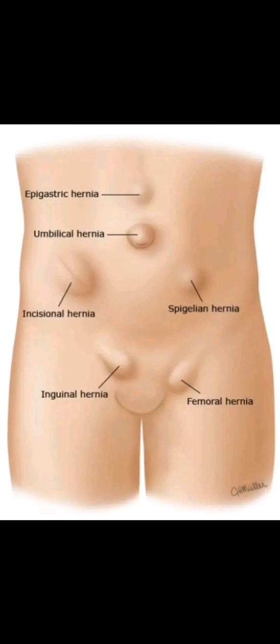Then we have incisional hernia. For example, if a patient underwent surgery, internal organs may start protruding from the incision that was made. That is what we call incisional hernia, so this is applicable to those who underwent surgery before.